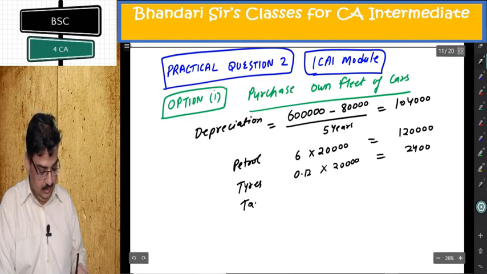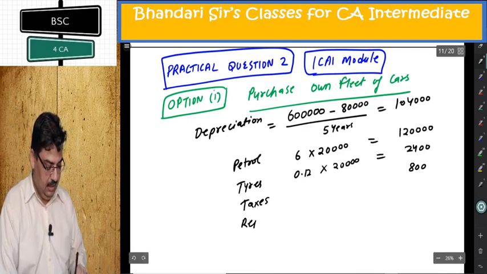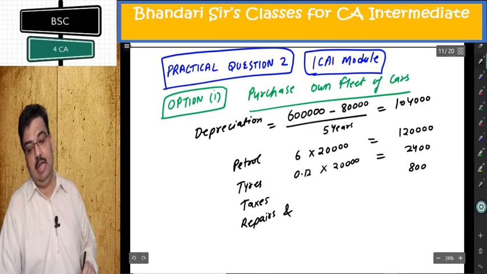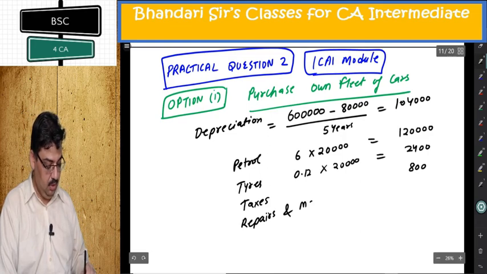Then taxes, 800 given there. I need per car per annum only. Repairs and maintenance, I don't need the classification of running and maintenance and standing. Your institute does that type of classification also.